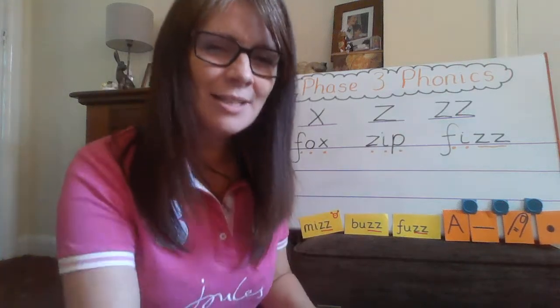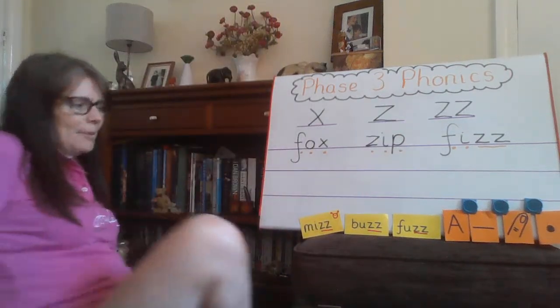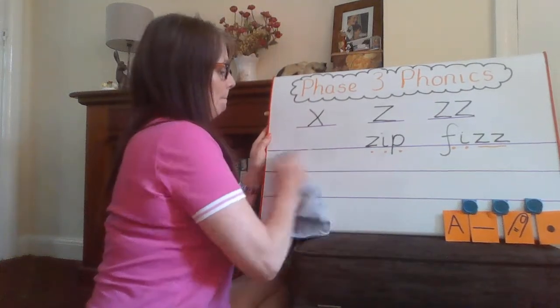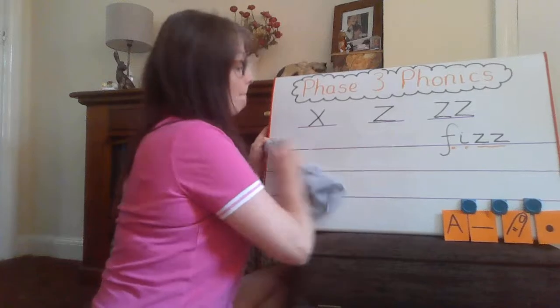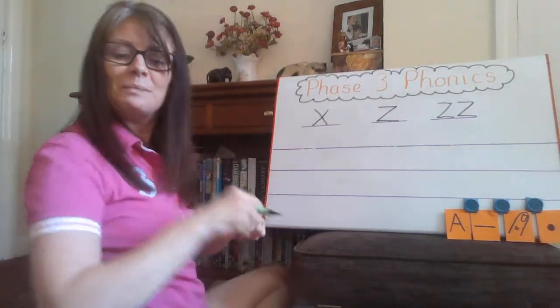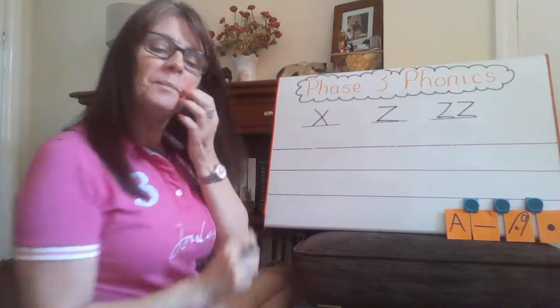Okay, shall we try something? I'm going to get rid of all of my writing. And I'm going to write a sentence for you. See if you can write it.